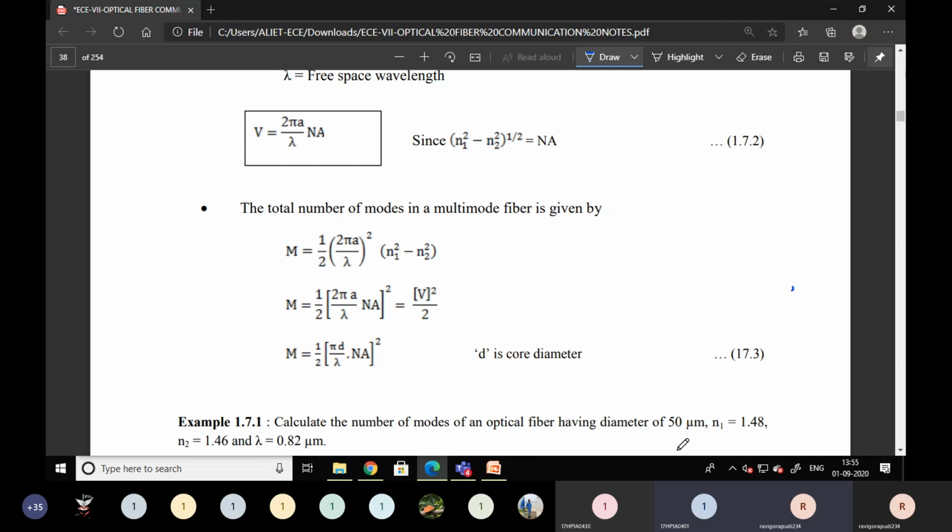N2 is 1.46. Lambda is 0.82 micrometers. What we have to calculate? Number of modes of the optical fiber. In this problem, for which fiber will you calculate the number of modes, either step index fiber or graded index fiber?